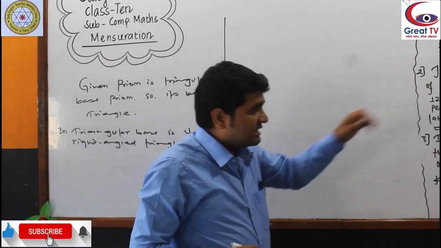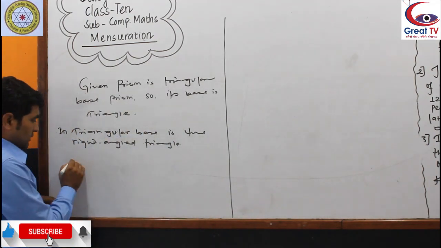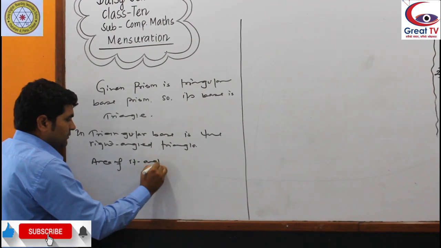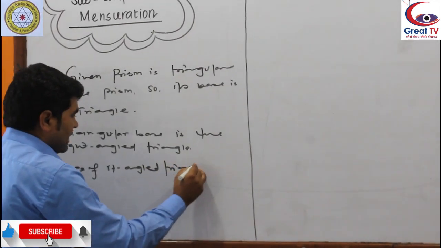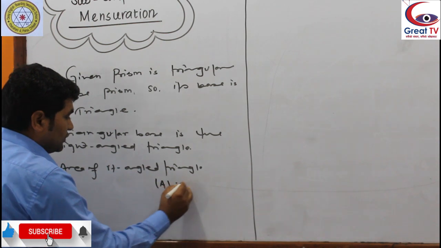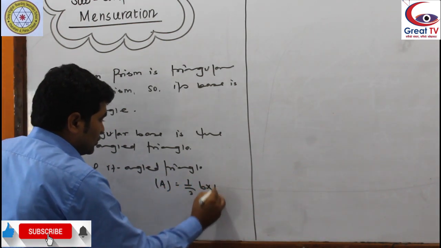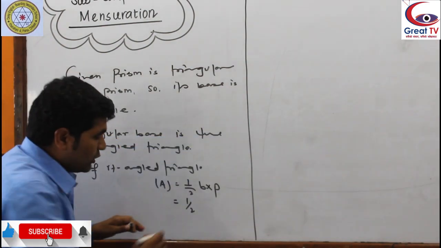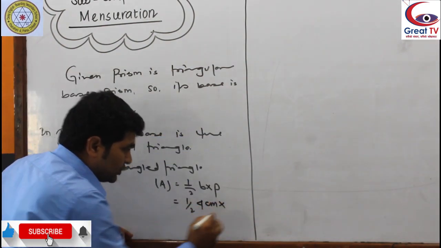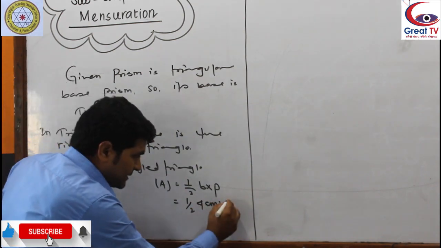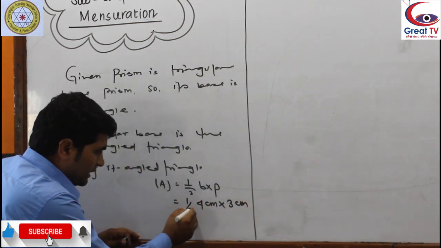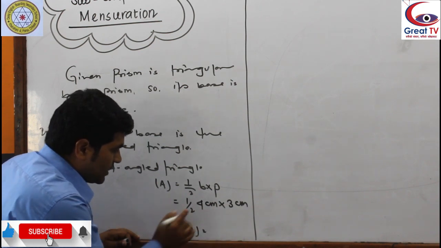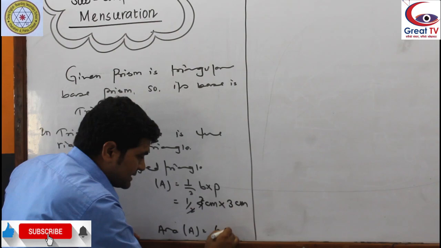The base of the prism is a right angle triangle. Area of right angle triangle A equals 1/2 B into P, 1/2 base is 4 cm into perpendicular is 3 cm. By solving, we get the area A equals 6 cm square.